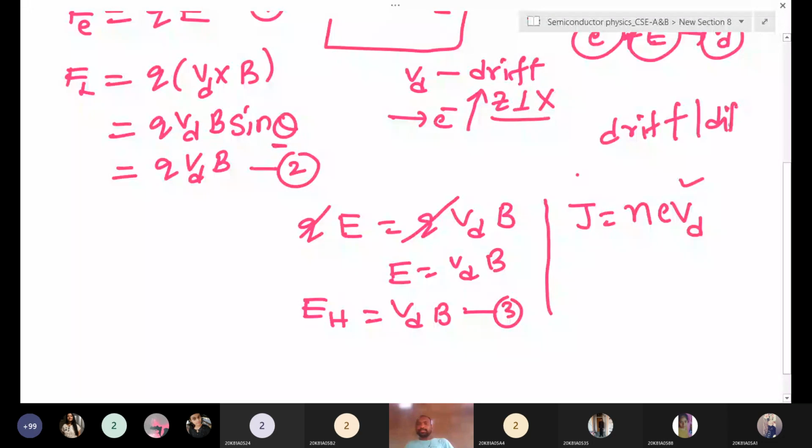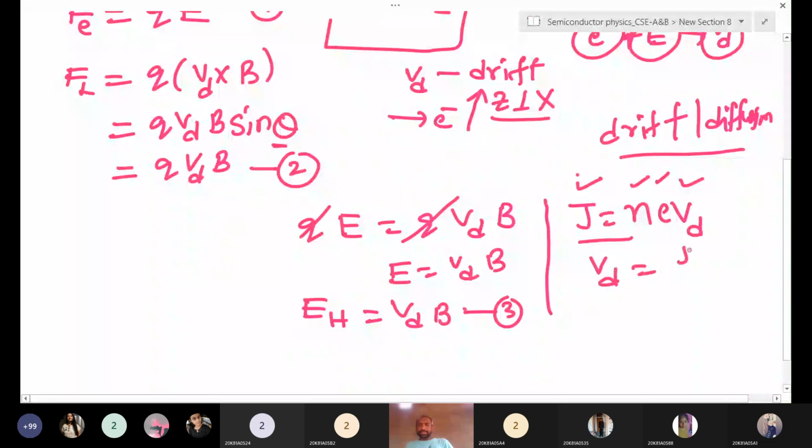At present, J means current density, that is current per unit area, N is the carrier concentration, e is the electron charge, and Vd is the drift velocity. From this relation you can write Vd is equal to J by Ne.